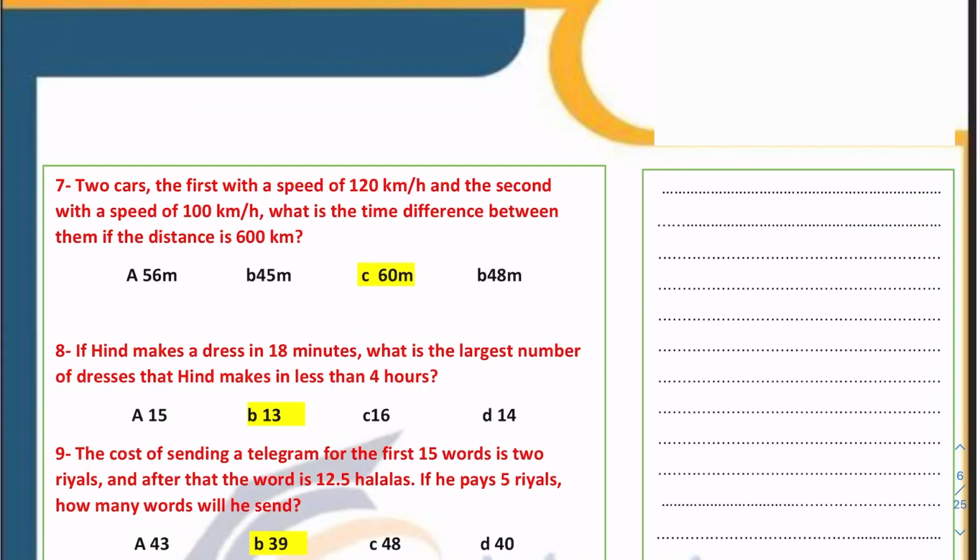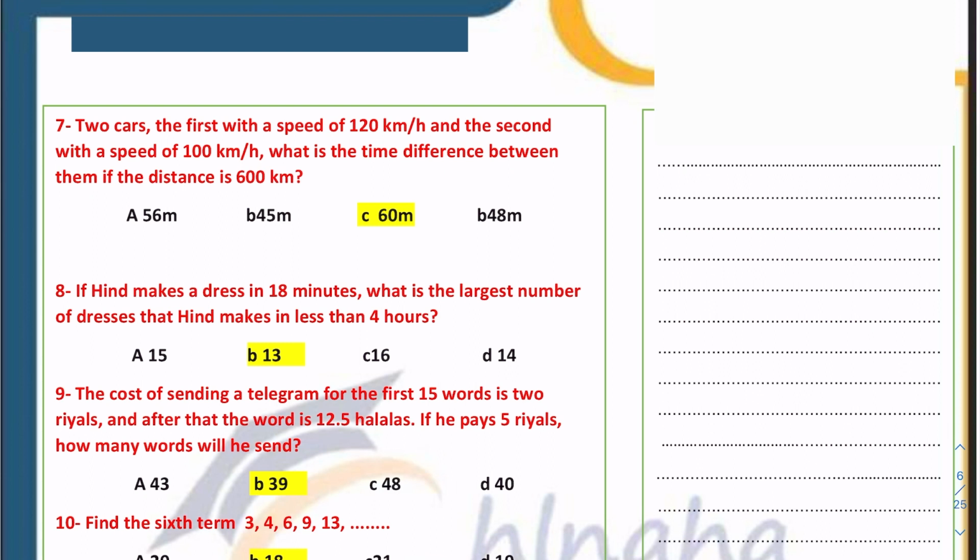Two cars, the first with a speed of 120 kilometers per hour and the second with a speed of 100. What is the difference between both of them if the distance is 600 kilometers?